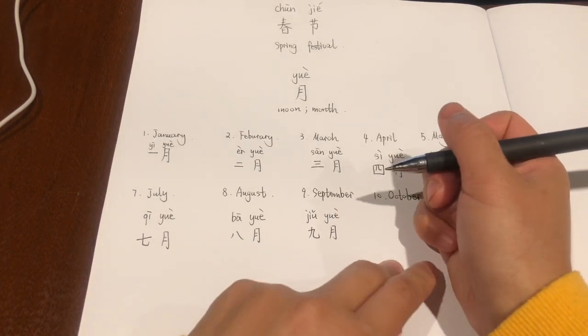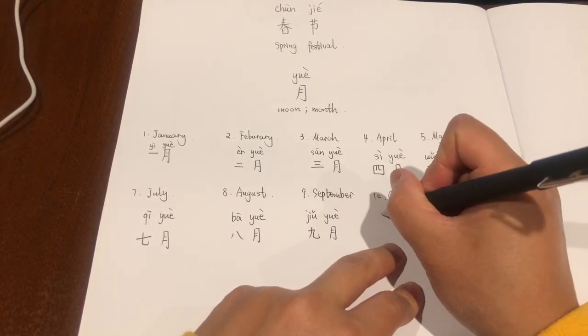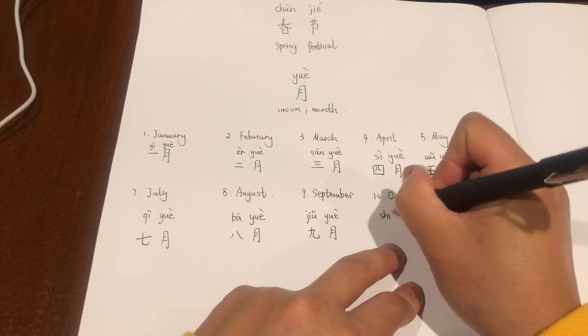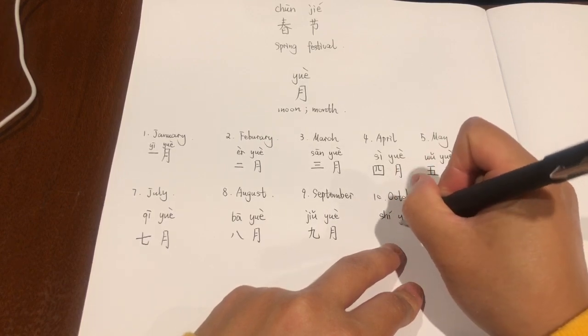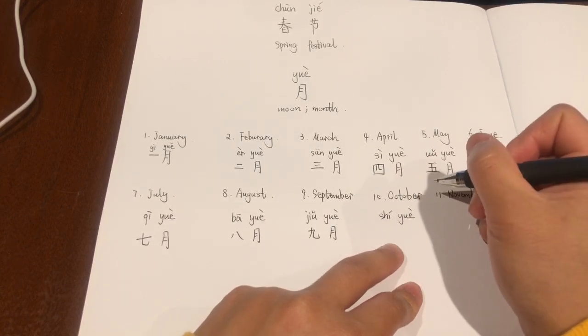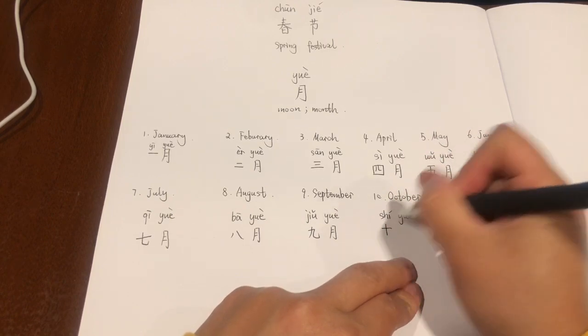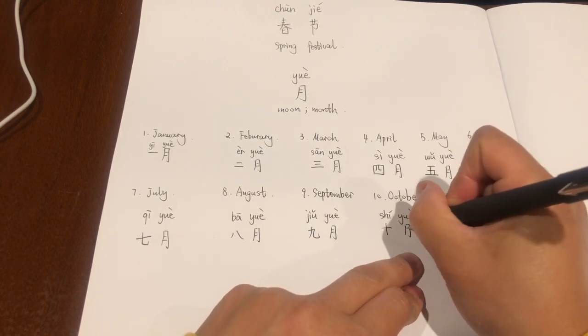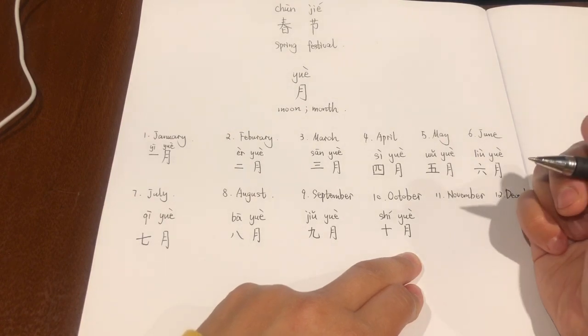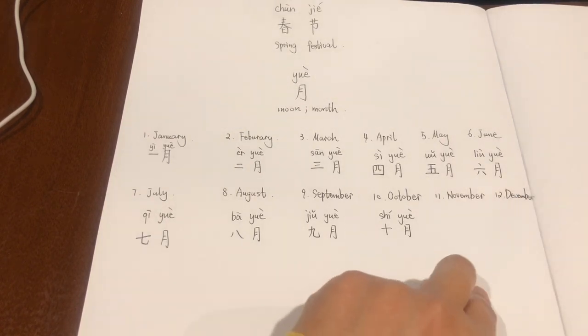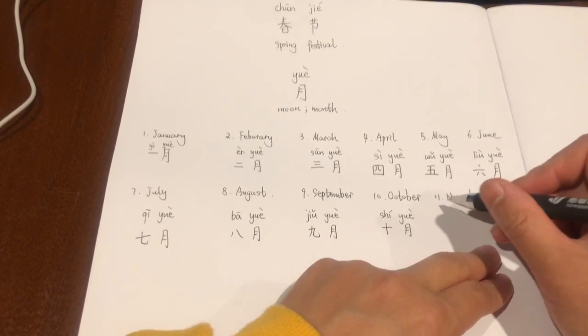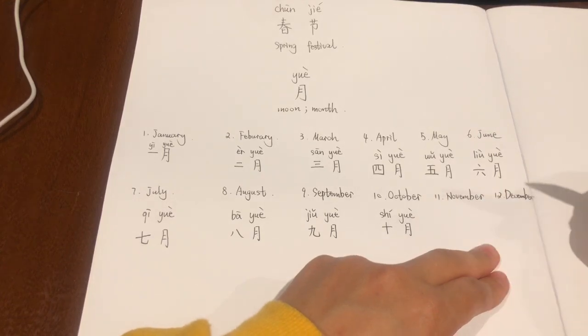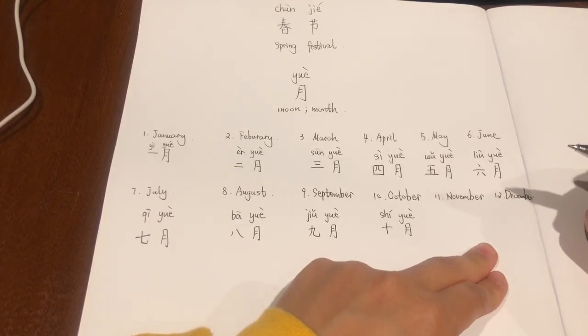And then October, which is the 10th month. 10, S-H-I, 10, 月. Okay, the cross and then 月. November and December. Okay, November, which is the 11th month. How do we write 11 in Chinese?